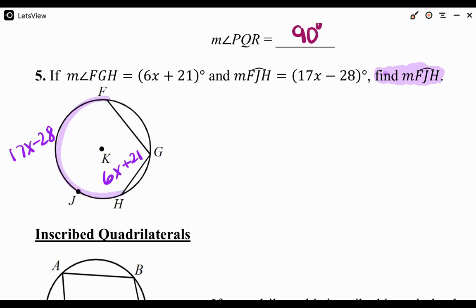So remember our relationship. We know that double the angle is equal to our arc.